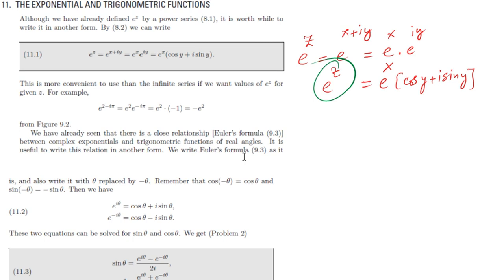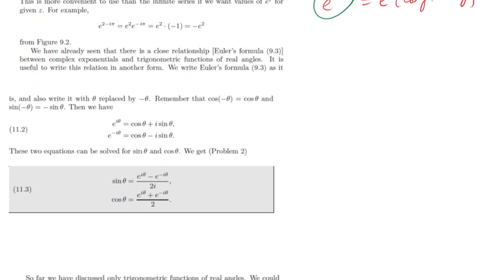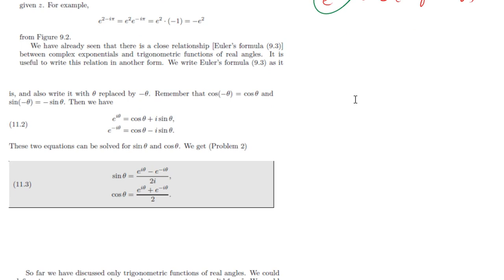as mentioned. And when we have z replaced by z conjugate, e to the power iota theta is cos theta plus iota sin theta, and e to the power minus iota theta is cos theta minus iota sin theta. Although these expressions look simple, they can be used to express sin theta and cosine theta in terms of complex numbers.